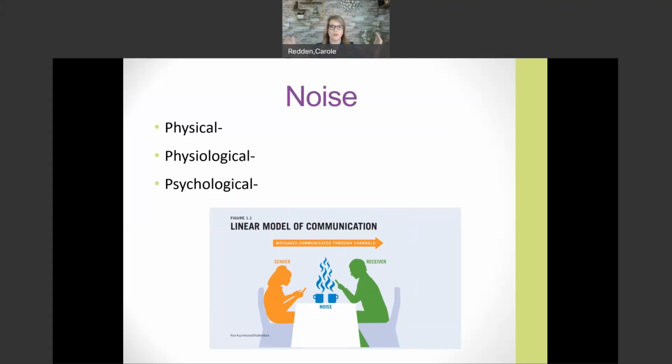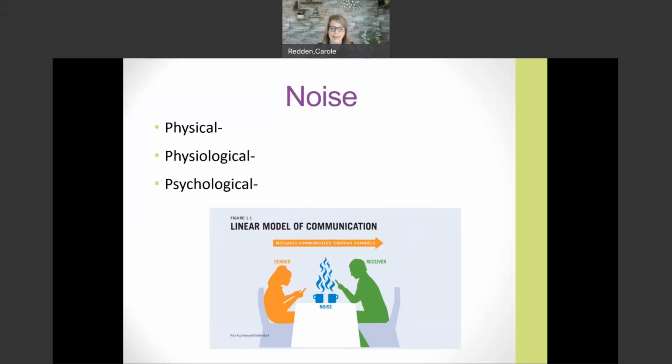Something in my physical environment was keeping me from doing what I wanted to do. I wasn't communicating, I suppose, in that moment, but it would be the same if I were communicating and there's physical noise happening. Physiological noise is the second type, and that's when there's something going on with our body. Unfortunately, several people in the last year have been sick with the virus, the COVID.